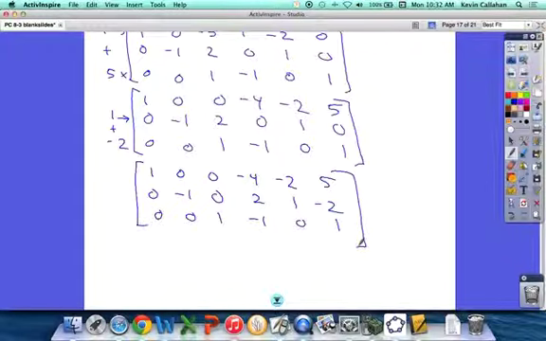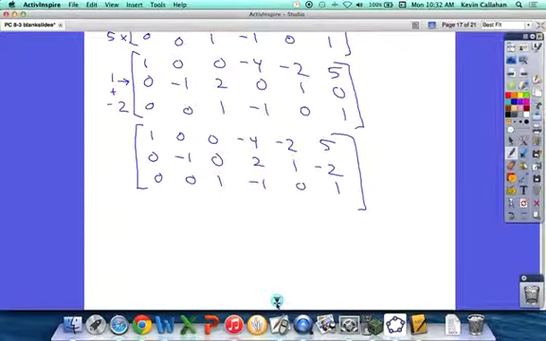Now, do we have the identity matrix on the left? What's wrong with it? Remember, one of the row operations you could do is multiply by a non-zero constant. So let's multiply the second row by negative 1.